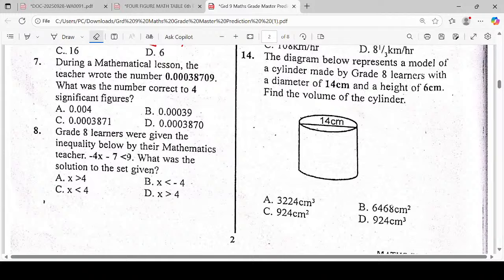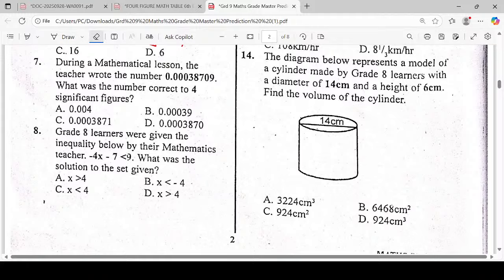When it appears between two non-zero digits, then it becomes significant.